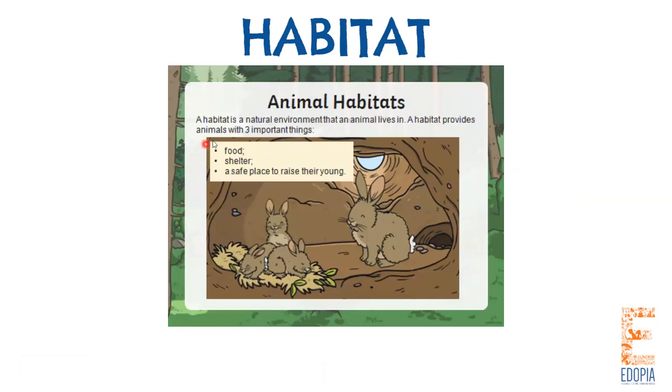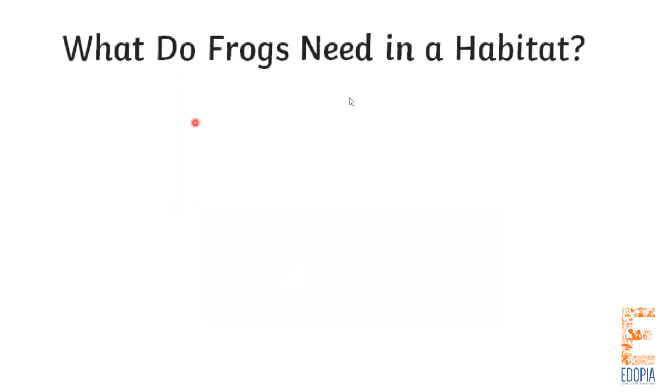A habitat is a natural environment that an animal lives in. A habitat provides an animal with three important things: food, shelter, and a safe place to raise its young, just like this rabbit in a burrow, safe from all the dangers, raising its young here. So what do frogs need in their habitat? We're going to talk about a few animals and see what they need in their habitats.